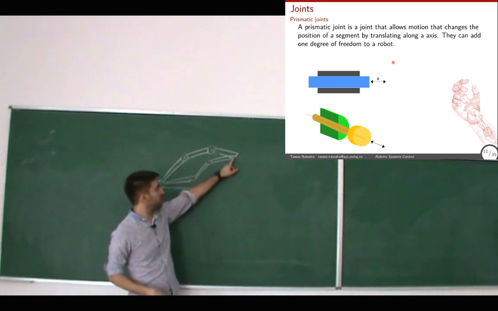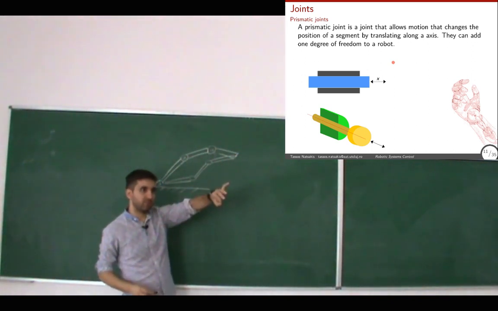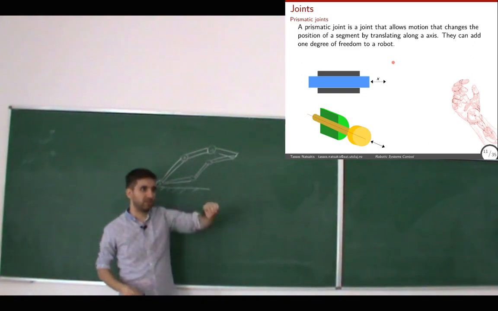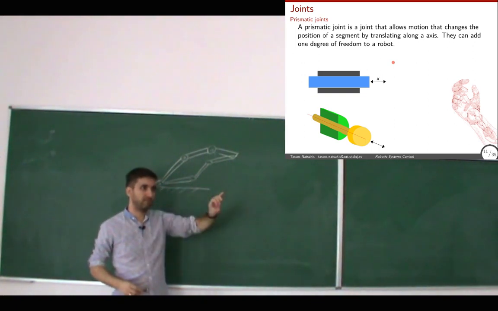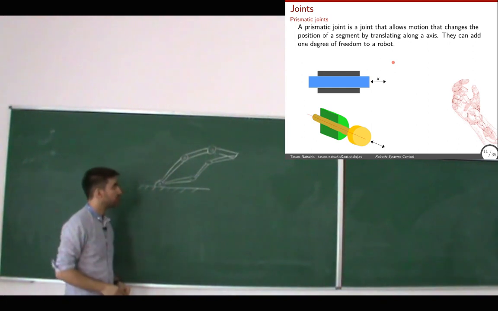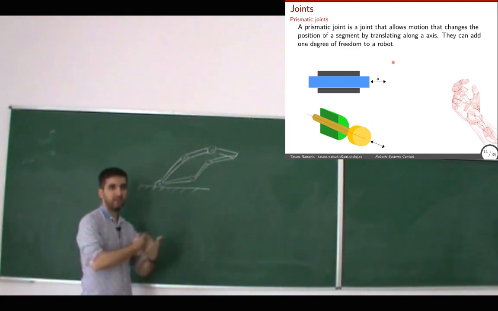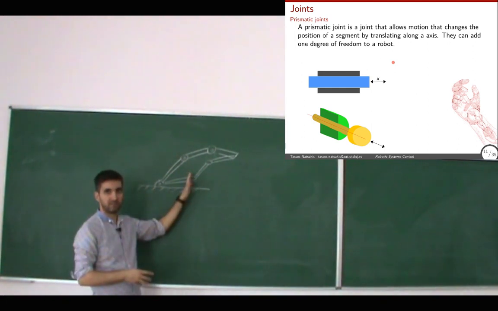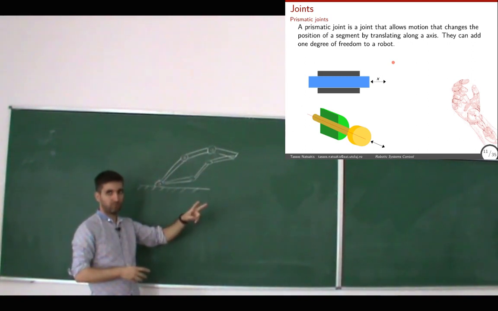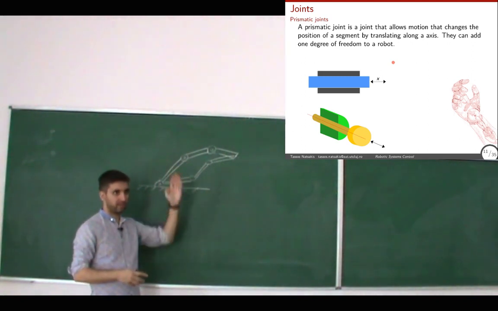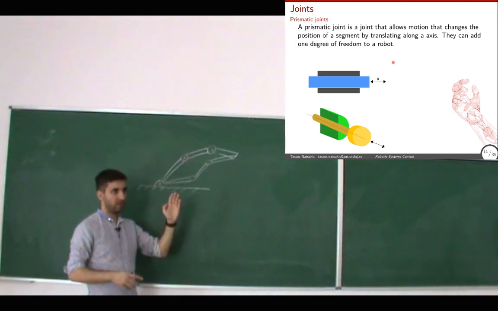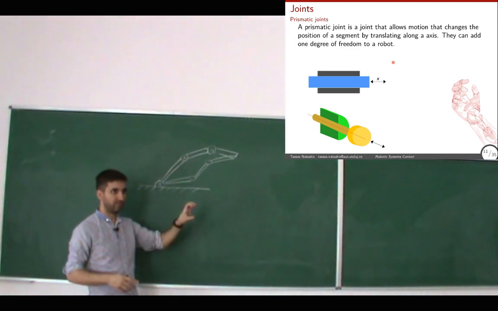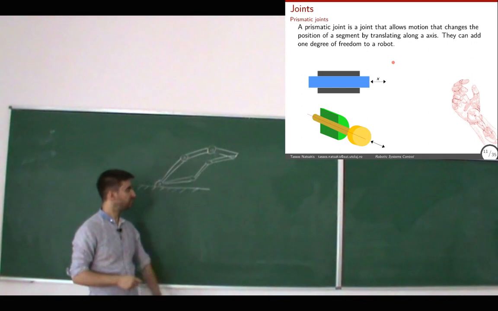Now the tip of the robot is at the same position, but it has changed orientation. So I have 3 degrees of freedom in this case: 2 that are translational or position, and 1 orientation.